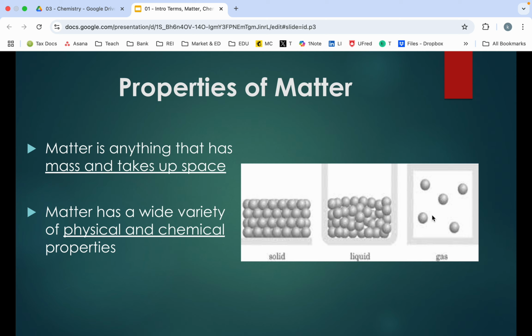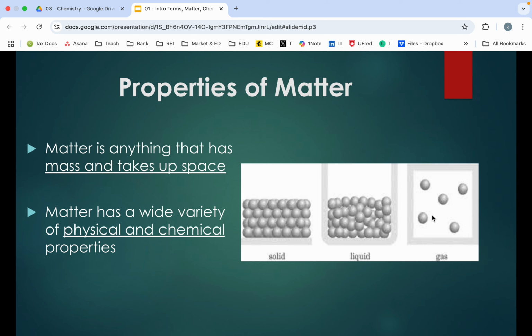Anything that has mass and takes up space. I have not ever seen a different definition of matter than this. So it shouldn't even change by one or two words between teacher to teacher. It's unlikely that you will encounter anything except for exactly that. Two important points of matter: has mass, takes up space.